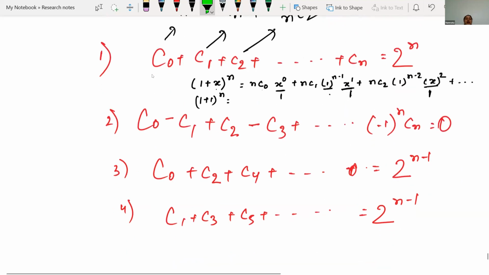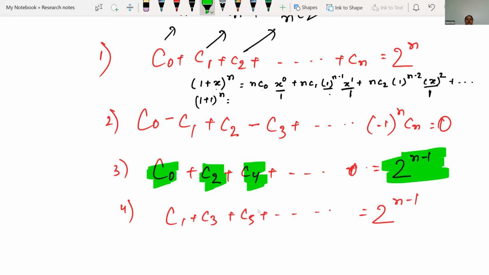Now, once we add property 1 and property 2, can you see we will end up getting property 3? Here we will be having 2C0, then C1 gone, 2C2, then C3 gone, 2C4. So accordingly, we are having C0, C2, C4. And since every term is having 2, that 2 we have shifted to the other side, and that became 2 to the power n minus 1.